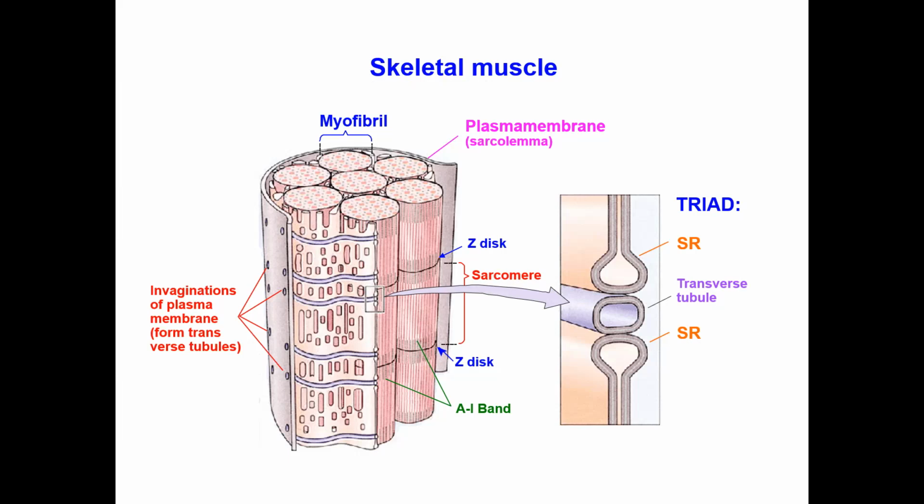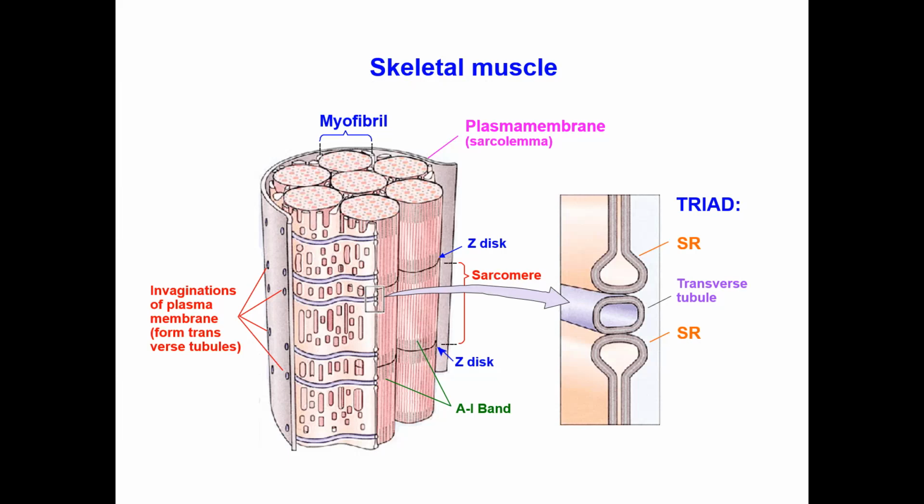Both these processes, electrical and mechanical, are connected to each other with calcium ions. Calcium ions connect these two. Therefore, we call it electromechanical coupling. It means electrical processes coupled with the mechanical process through calcium.